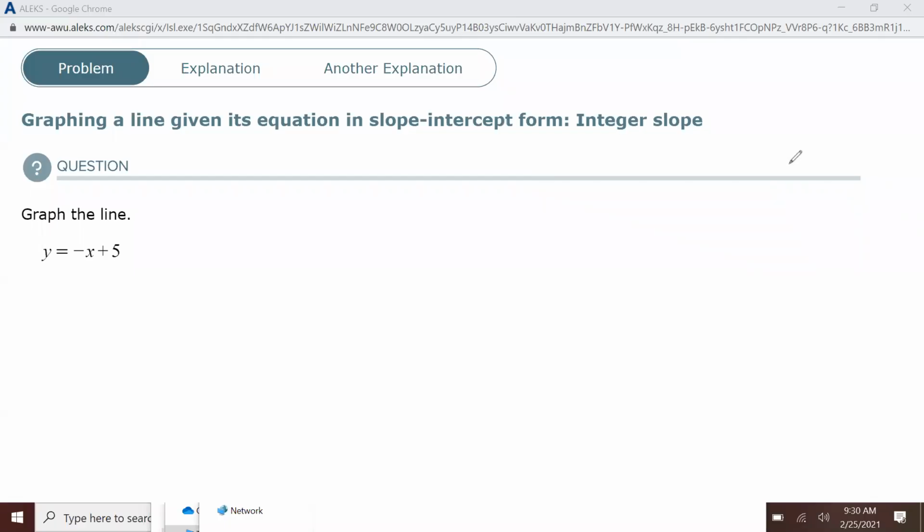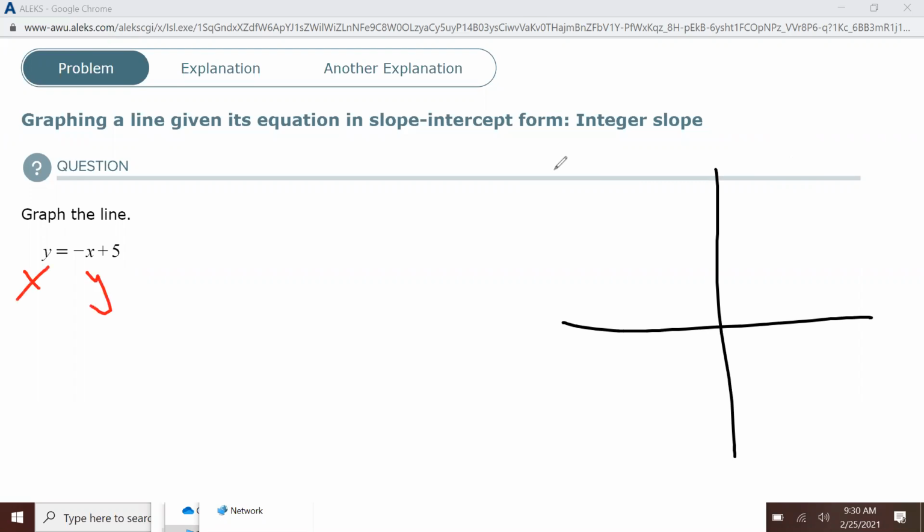This time, there will be a number added on to the x or subtracted from the x. Let's see how that works. One way to handle this would be just like we did on the last topic.